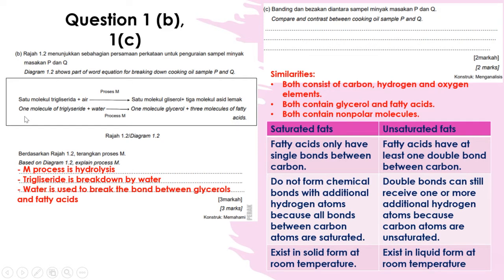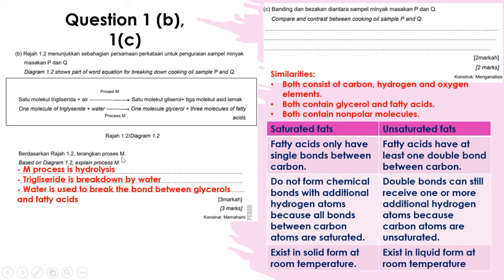When the triglyceride is broken down, one molecule of triglyceride plus water, by process M, breaks down into one molecule of glycerol and 3 molecules of fatty acid. So go to the question based on diagram 1.2.